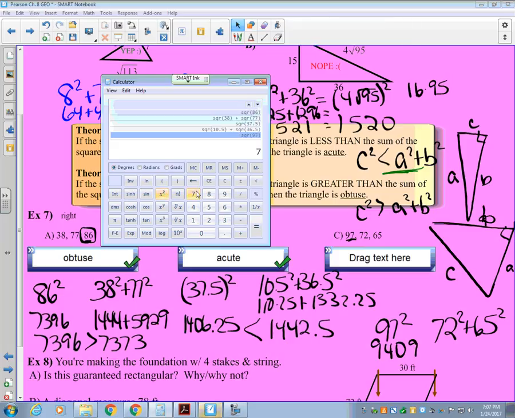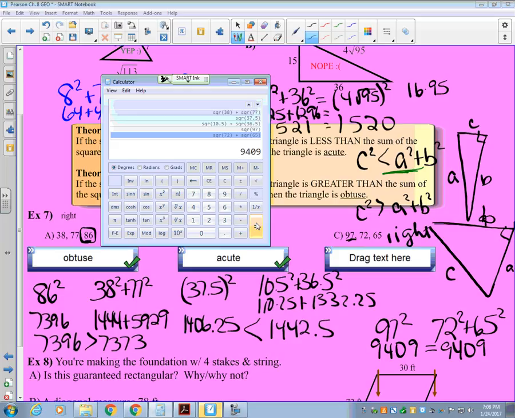And we have 72 squared plus 65 squared, which is 9409. When it's equal, it's a right triangle. So if we get a squared plus b squared equals c squared, then we have a right triangle.